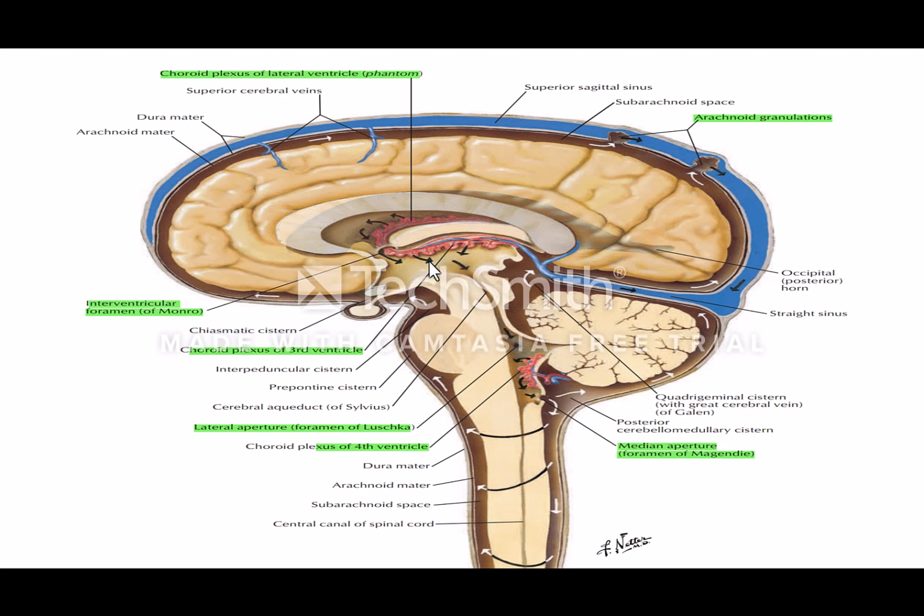CSF is actually produced by choroid plexuses in all four ventricles. So the choroid plexus of the third ventricle also produces CSF. CSF flowing from the lateral ventricle through the interventricular foramen gets into the third ventricle, and the CSF from the third ventricle flows through this narrow channel.